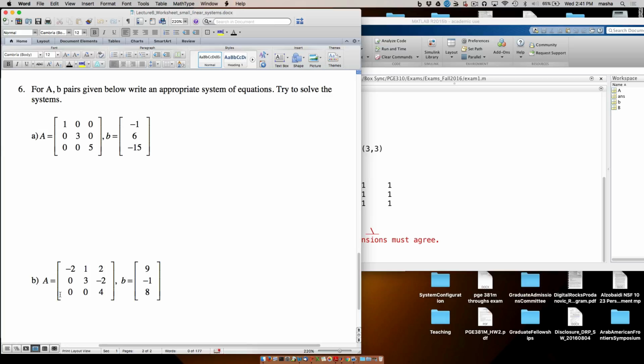When I plug 2 into the second equation, I will have 3x2 minus 4 is equal to -1. So 3x2 is 3, right? And I will find x2 to be 1. And now that I have both x3 and x2, I can plug it into this equation.